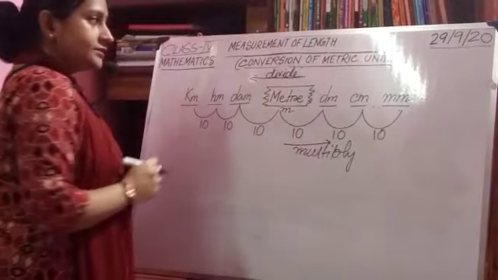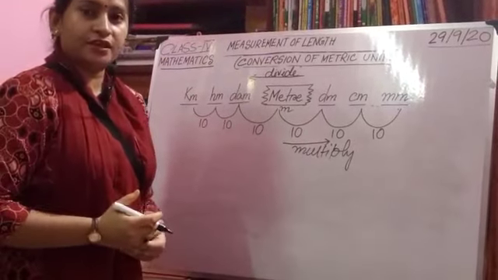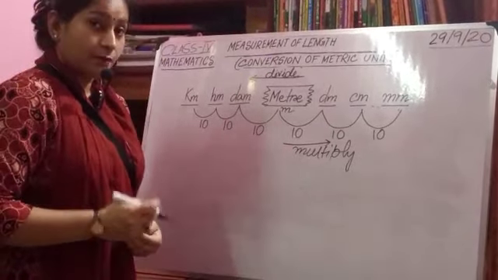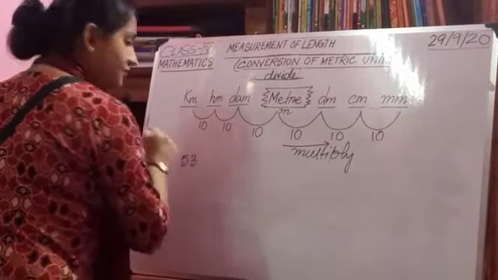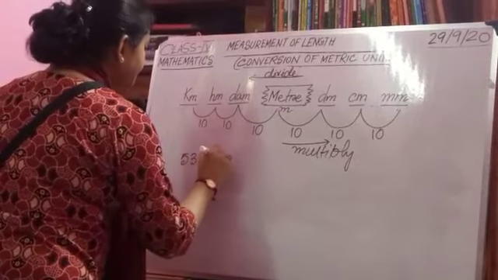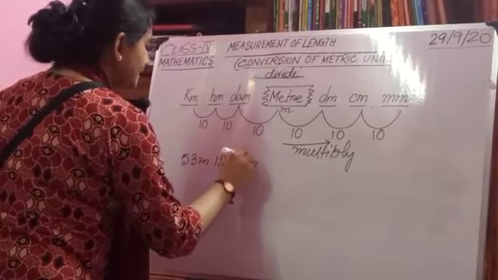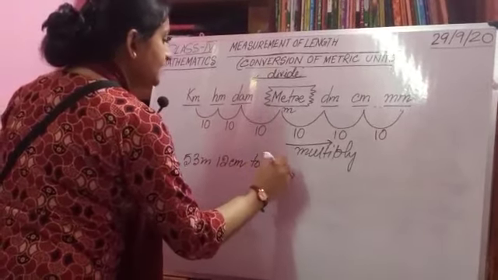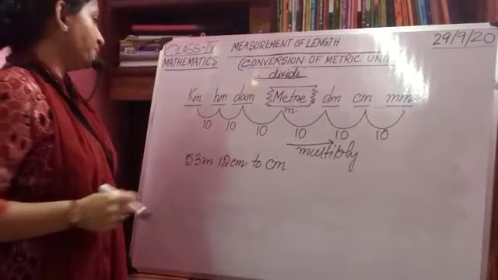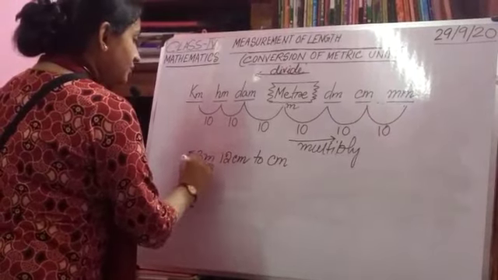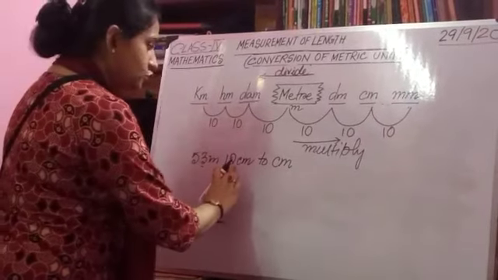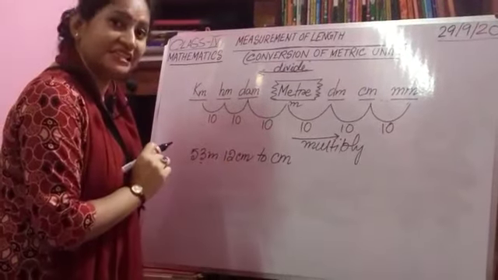Now, let us understand this concept with the help of some sums. My first sum is convert 53 meter and 12 centimeter to centimeter. Right? So, see children carefully. 53 meter, 12 centimeter. 12 is already in centimeter.